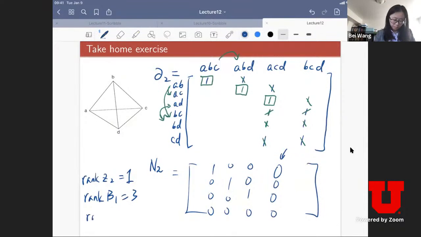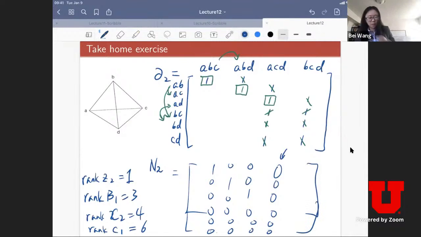Same thing, the rank of C2 is equal to 4, because that's just the number of triangles. I have 4 triangles. And then of course, the rank of C1, which is the number of rows, is equal to 6, sorry. It's actually 6, okay?